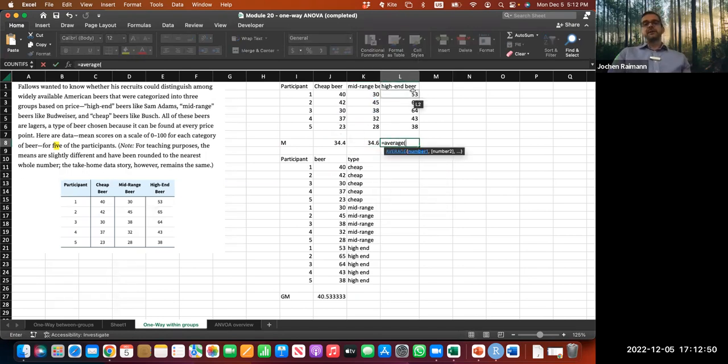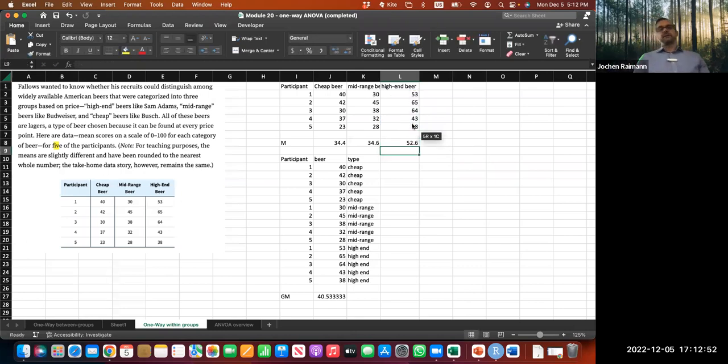When we look at these means already, we do not find that much of a difference between cheap and mid-range beer, but we really find a difference to the high-end beer. So that's already interesting.